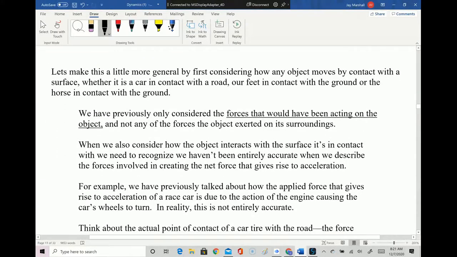So let's make this a little more general. We're going to consider how any object moves by contact with a surface, whether it's a car in contact with the road, our feet in contact with the ground, or the horse in contact with the ground.